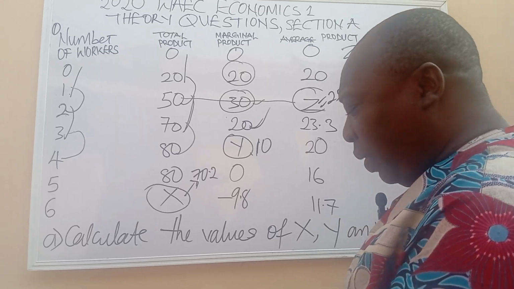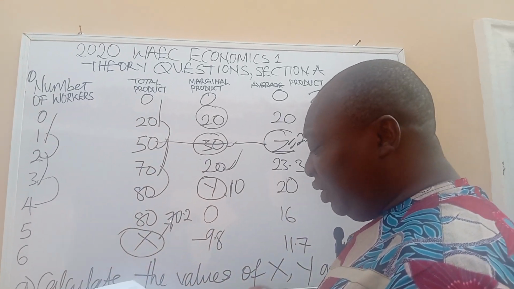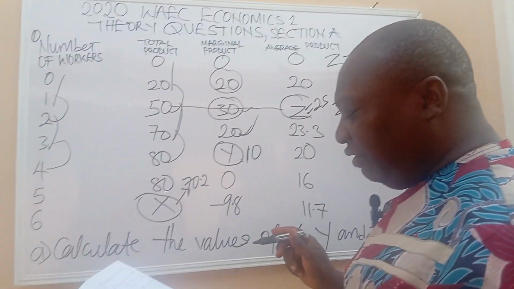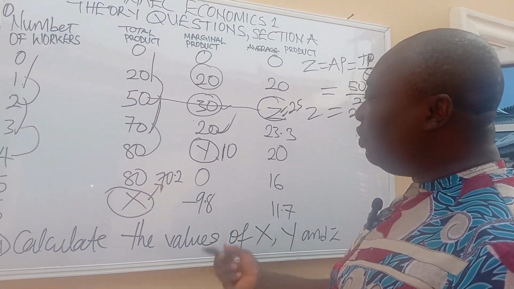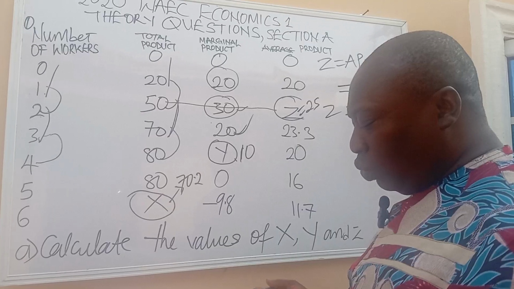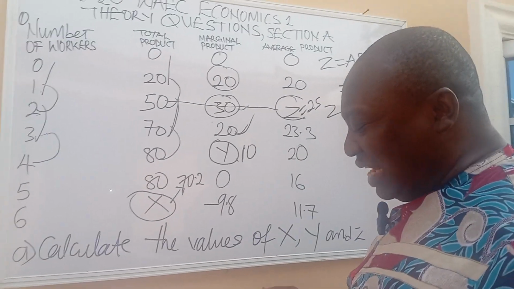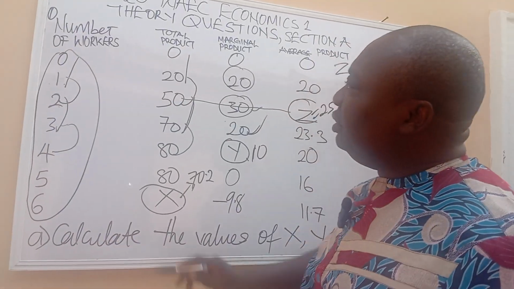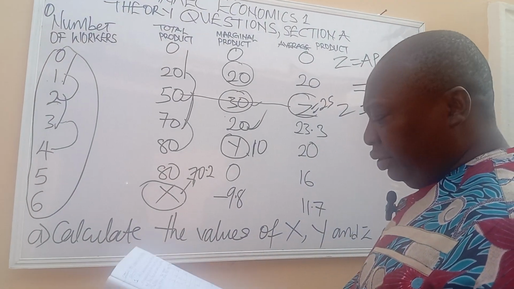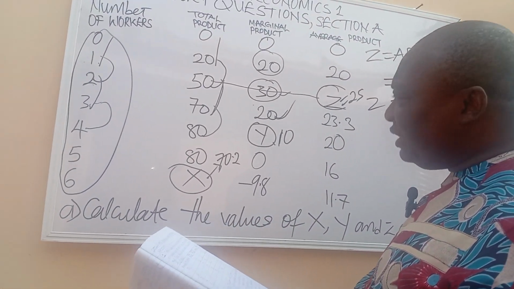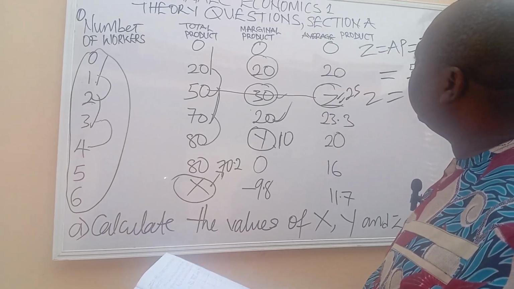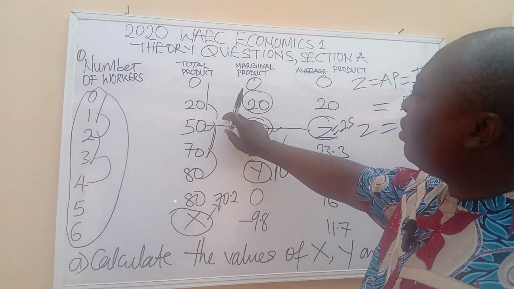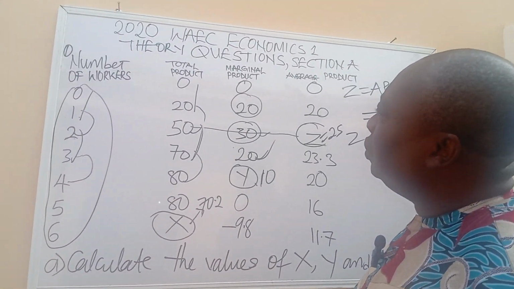Okay, so we go with the next question. The next question says: at what level of employment of labor does the firm experience increasing returns? At what level of labor? This is labor. Does the firm experience increasing returns? Let's look at total product first.